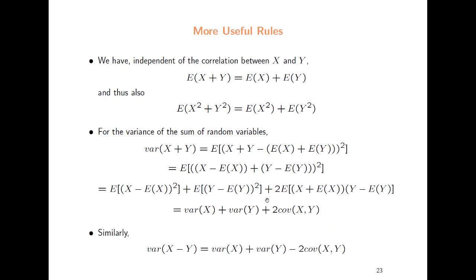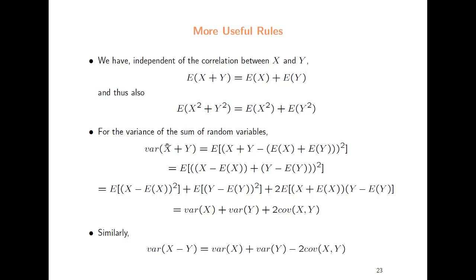More useful rules for two random variables that can be correlated. The expectation of the sum is the sum of the expectations, so the expectation of x plus y is the expectation of x plus the expectation of y.